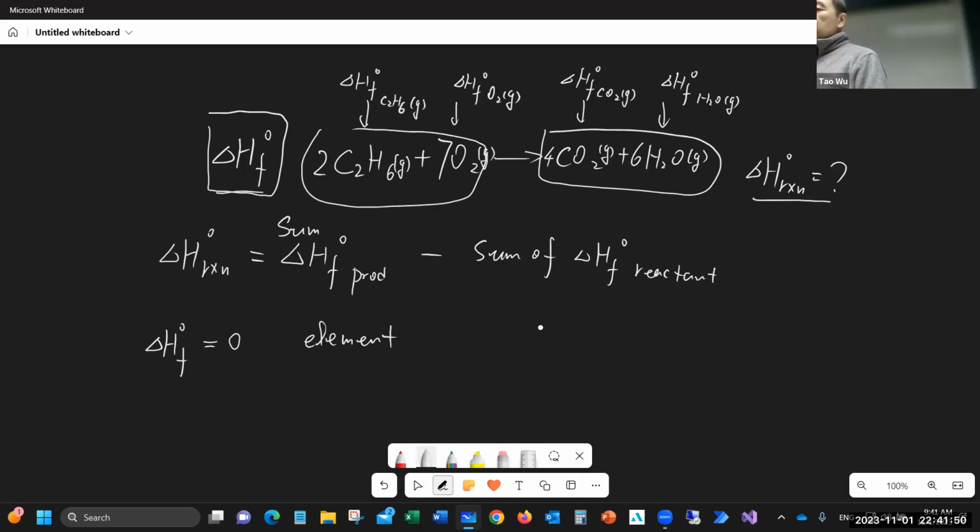with the most stable form at standard condition.